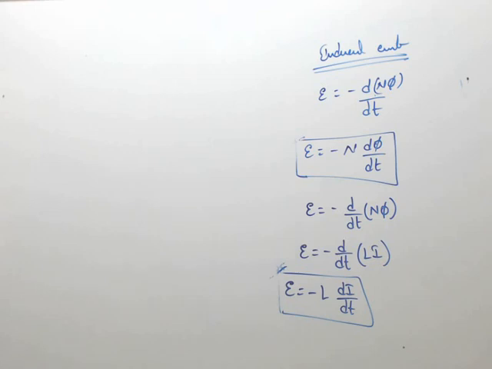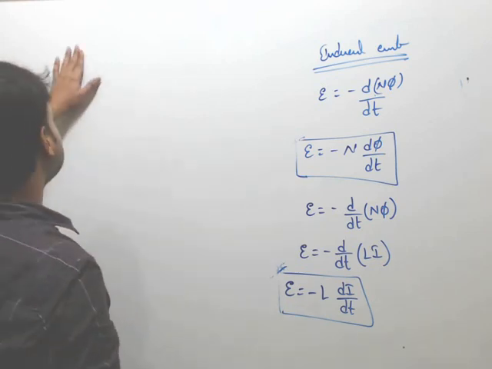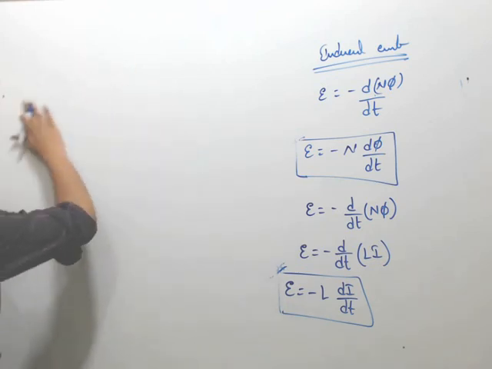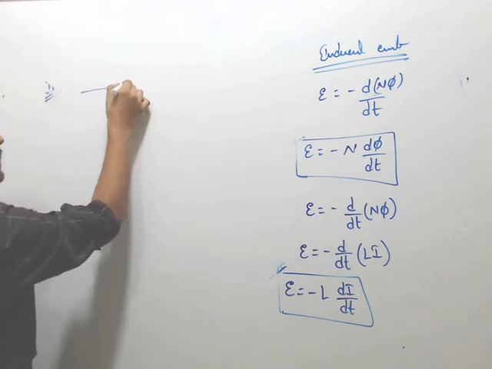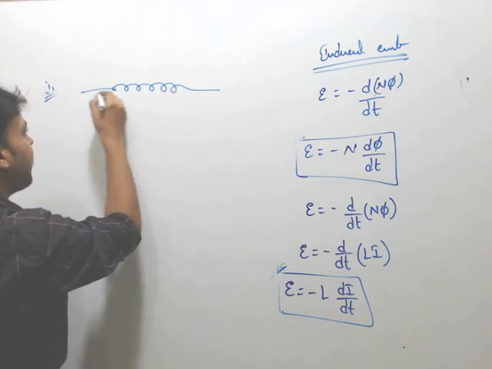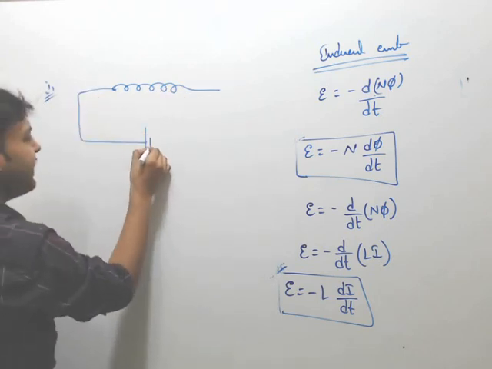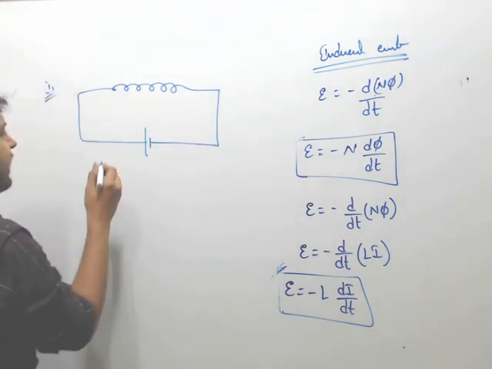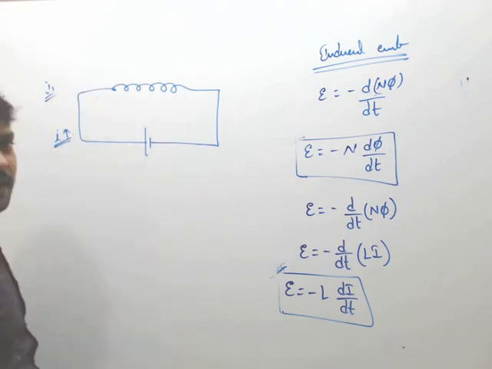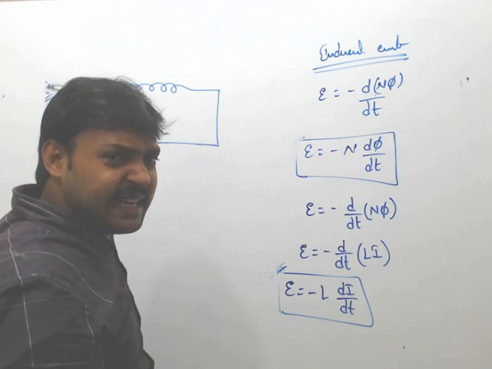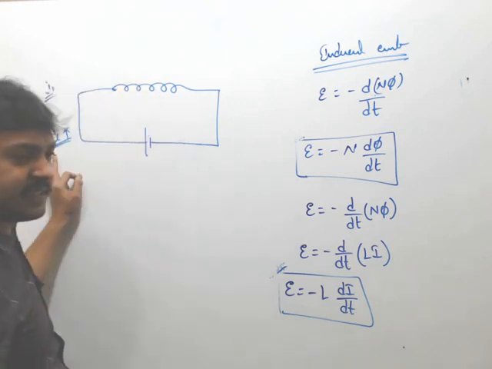Okay. Now what I am doing is case 1. Consider a coil connected to a battery and assume current is increasing in that circuit. Okay, current is increasing in the circuit. First case.